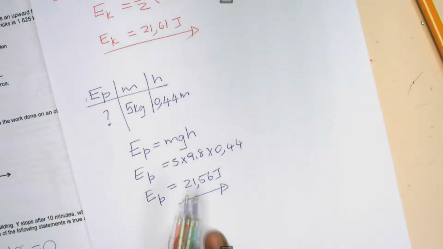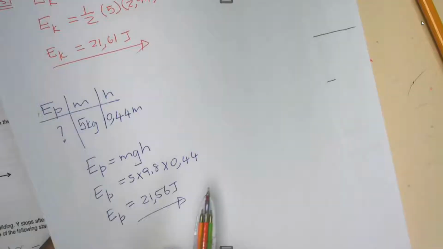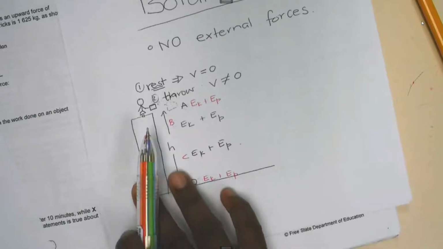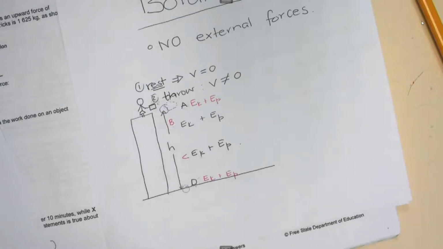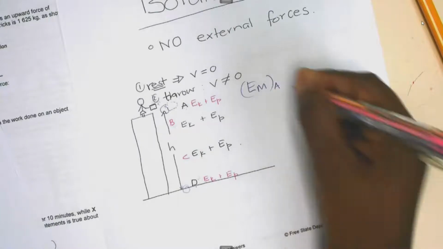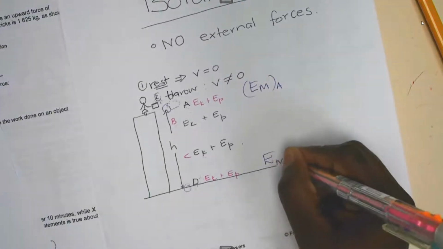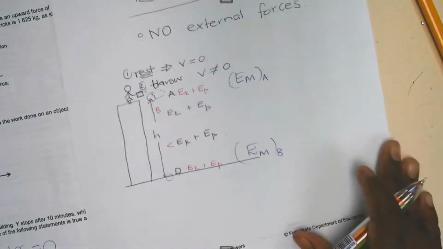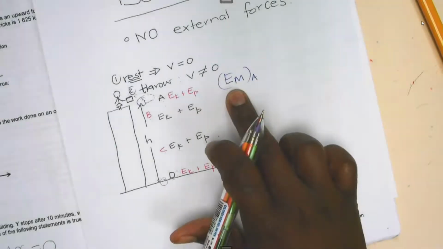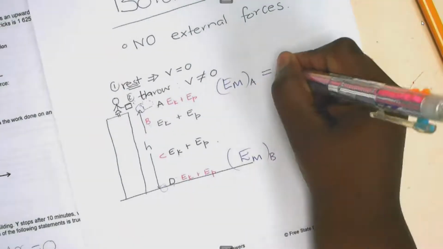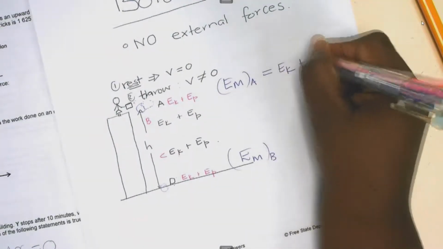So we are having 2 points. Remember I said mechanical energy at any point will remain constant. So the object is moving from this point with a velocity and is coming to point B. So we must have EM at A and EM at B. Remember, at this point, the mechanical energy is the sum of the two energies.